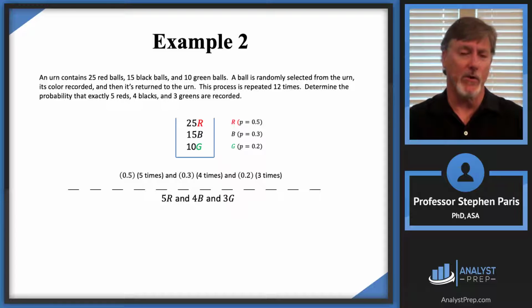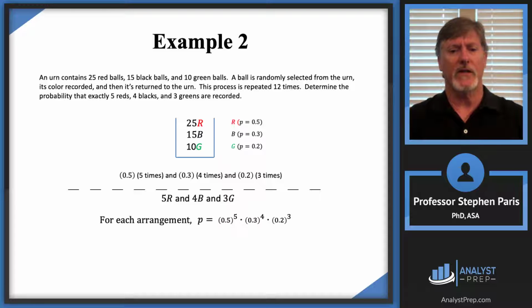So if I look at the probabilities of selecting the ball in each slot, 5 times I'm going to have a probability of 0.5, 4 times I'm going to have a probability of 0.3, and 3 times I'm going to have a probability of 0.2. So for each arrangement, the probability of getting that particular arrangement is 0.5 to the 5th, 0.3 to the 4th, and 0.2 cubed.